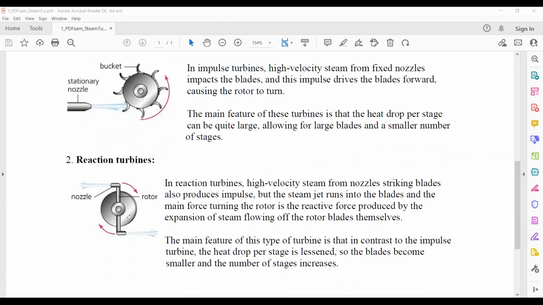Whereas in case of the reaction turbines, steam from the nozzles striking the blades also produces impulse. See here, here are the fixed nozzles, but here are the high velocity steam nozzles.